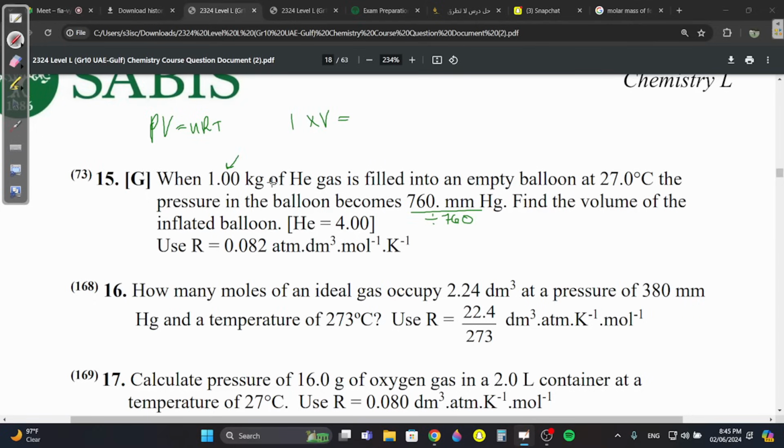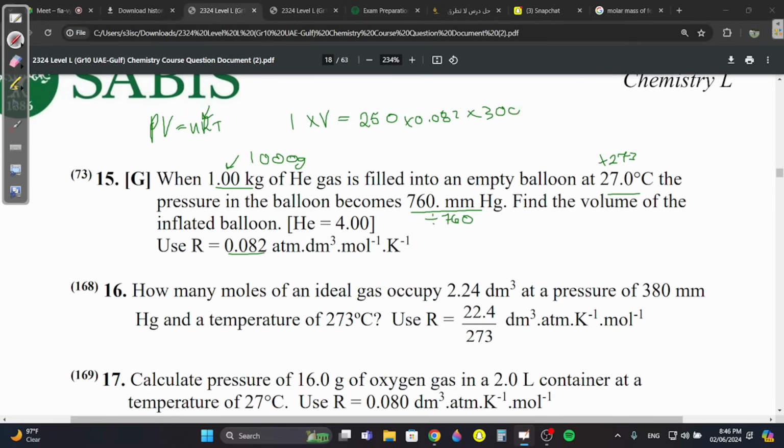How many moles of helium do I have when I have 1 kilogram, which is 1000 grams? 1000 divided by 4 gives 250 moles, because it's mass divided by molar mass. So n is 250, R is 0.082, and the temperature is 27 degrees Celsius, add 273, which gives 300.